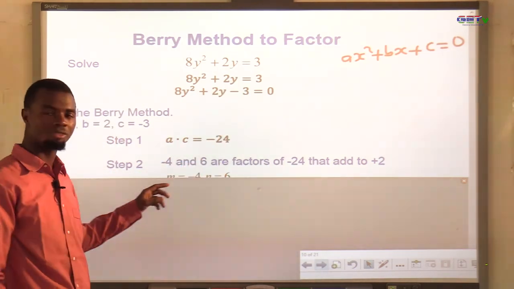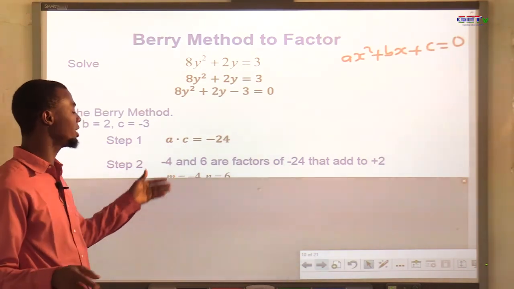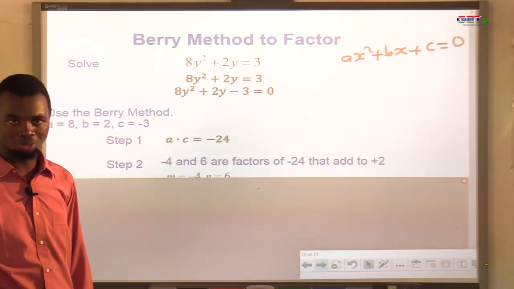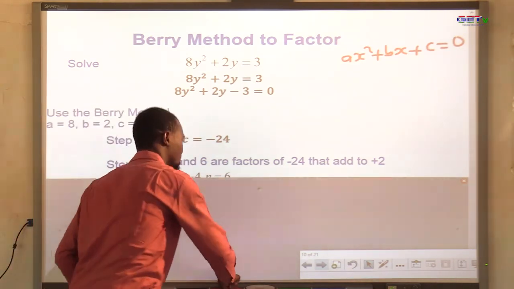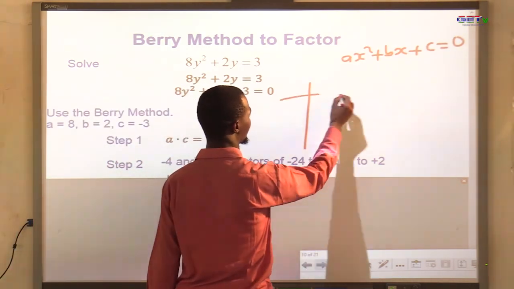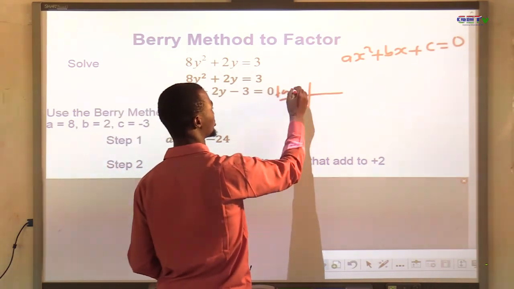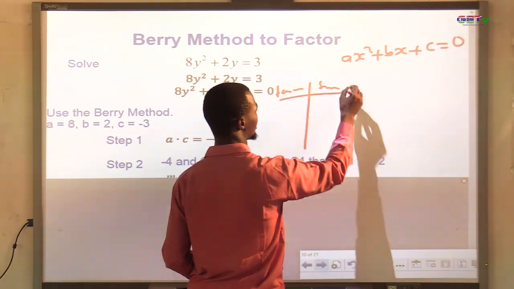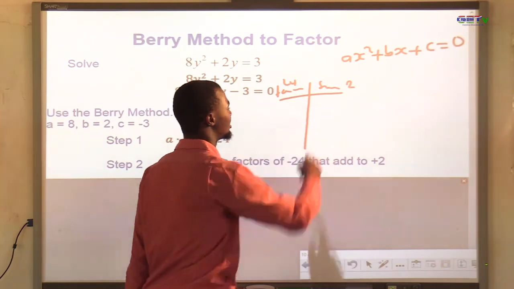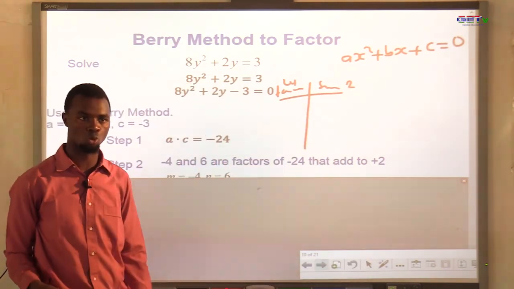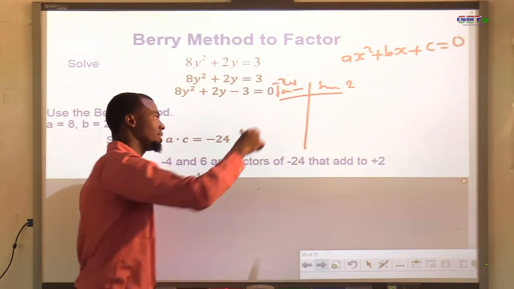Step 2, find the two numbers, M and N, whose product will be AC and whose sum will be B. The way we did it in the previous slides, you can find it. You first find factors of -24 that give a sum of 2, because AC is -24, sorry, and B is 2.